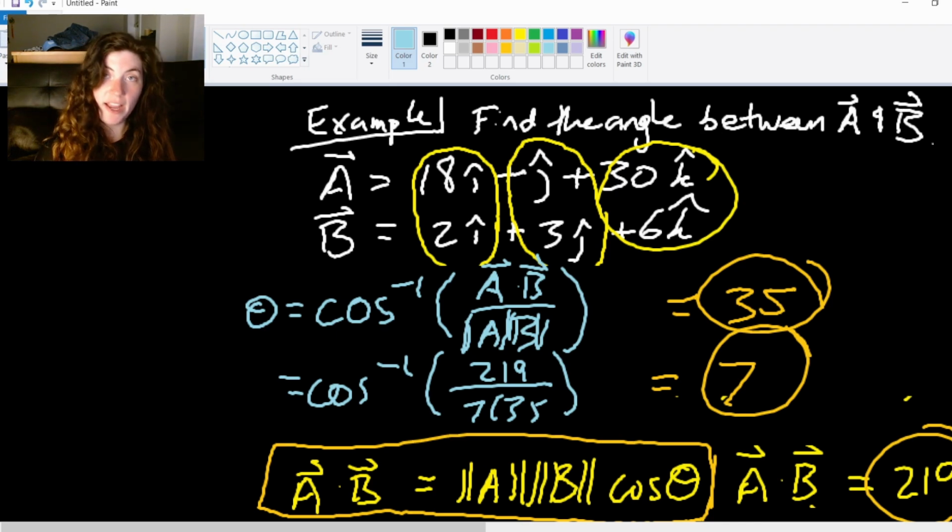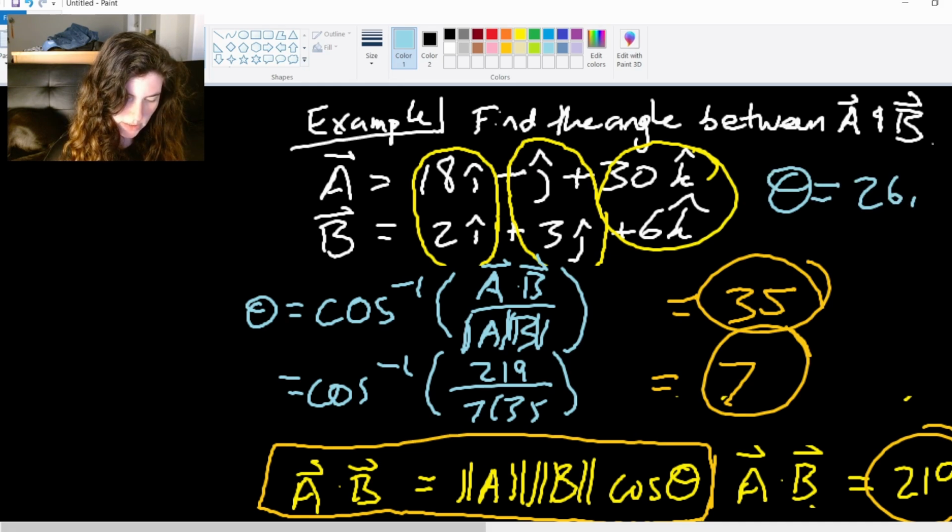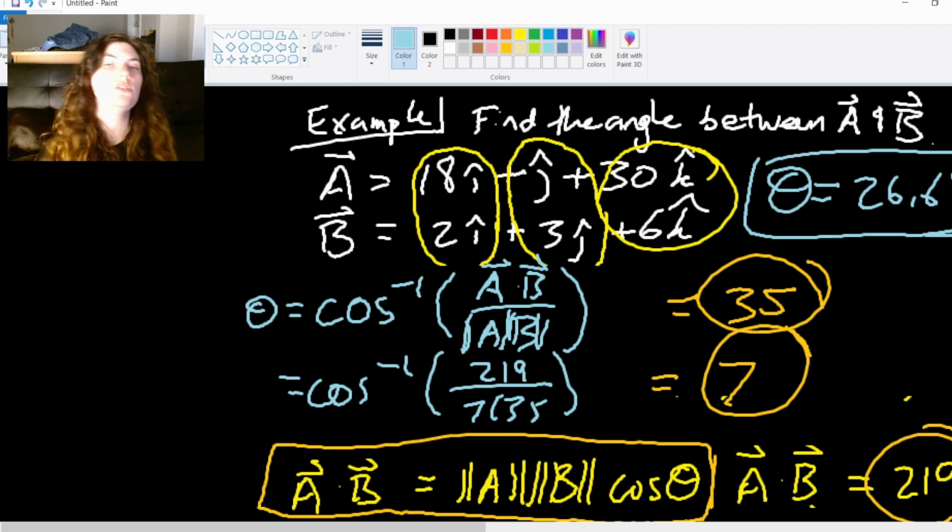So when we plug that into our calculator, we get an angle of 26.6. So that's our first use case, finding the angle between two vectors.